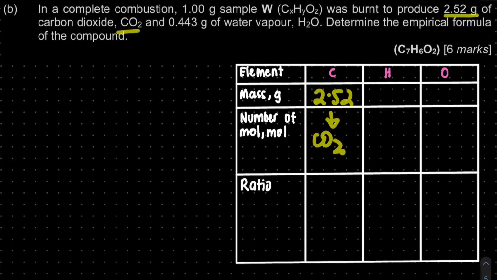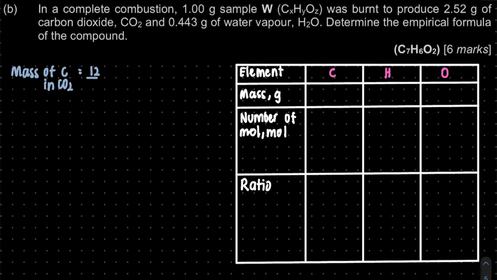So first, we're going to find out the mass of carbon itself in our CO2 compound. How are we going to find it out? I'm just going to write mass of carbon in CO2. The molar mass of carbon is 12, divided by, C is 12, oxygen is 16, but then we got 2, right?